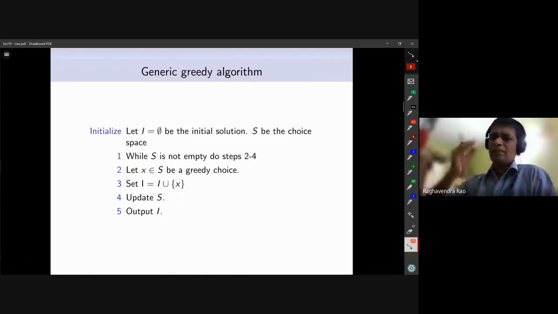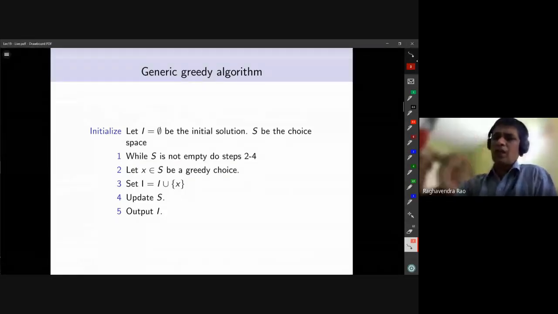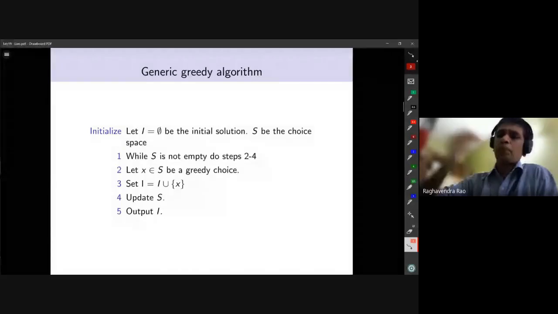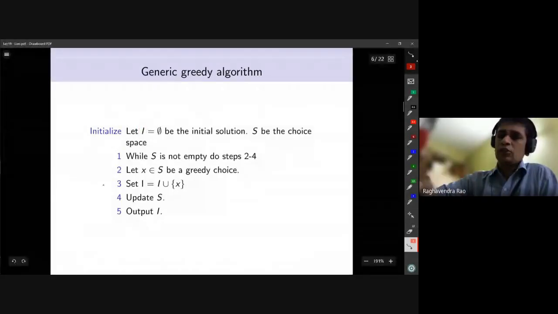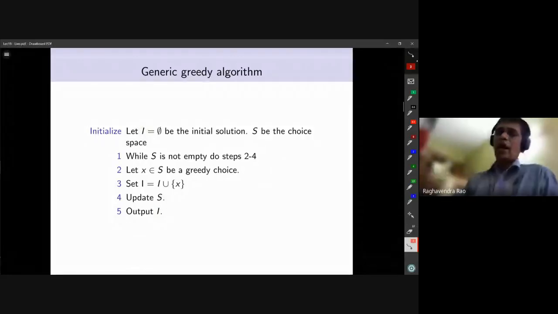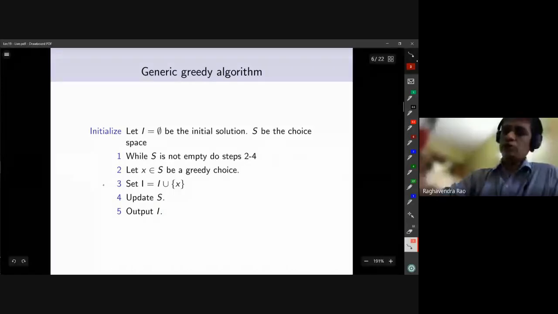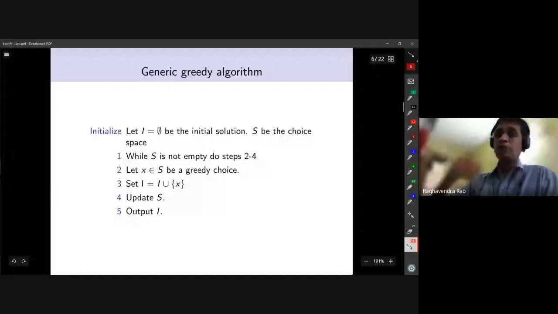So the purpose is simple. I just want to see a greedy algorithm as a process of building some set and outputting that set. The process is the following. I should have an iterative procedure, and something which guides me how to choose. We call that greedy choice. And we should be updating the solution, but we should not be going back.